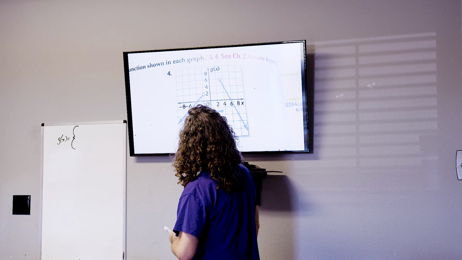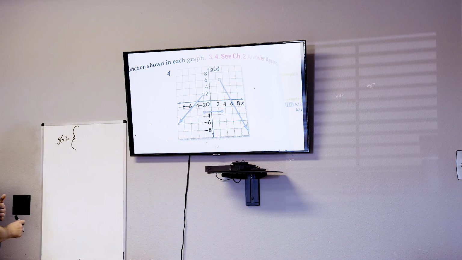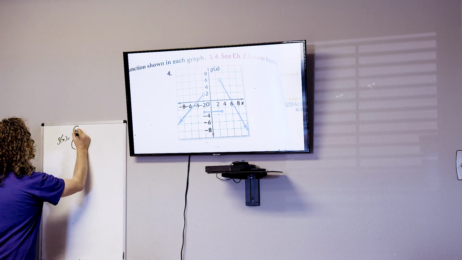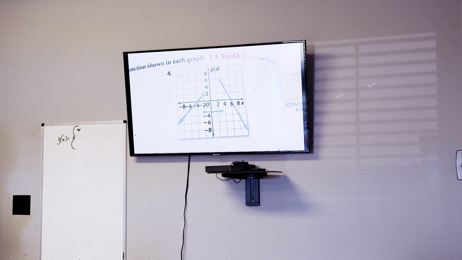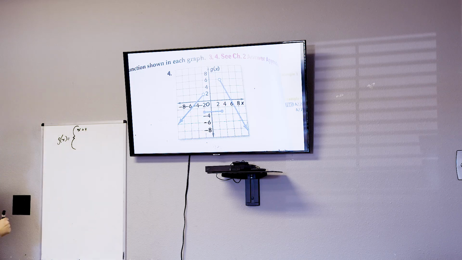So it looks like a slope of 1. It's counting by 2s, right? So it's got a slope of 1, and if it continued, what would its y-intercept be? 4. So x plus 4 is the rule.